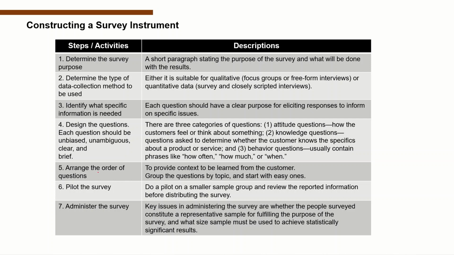Do not mix up these three types. Like in the first question you ask about attitude, and then you jump to a behavior question. It will lead to an inaccurate result, because the respondents tend to get confused about how to answer the question.